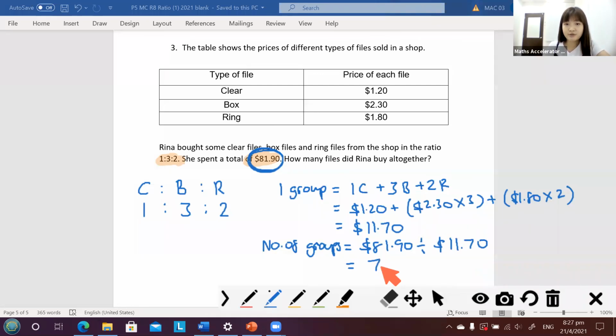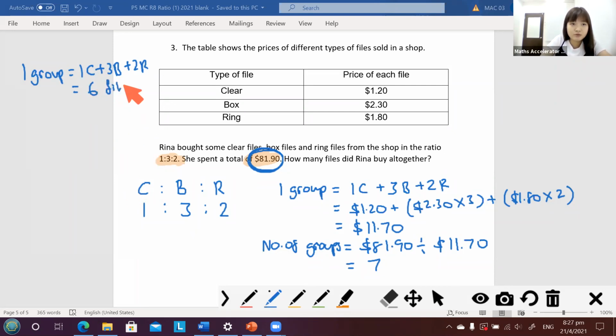Is it just 7? The clear, box, and ring in one group, you have how many files? 3 plus 1, 4. 4 plus 2, 6. 6 files in total.